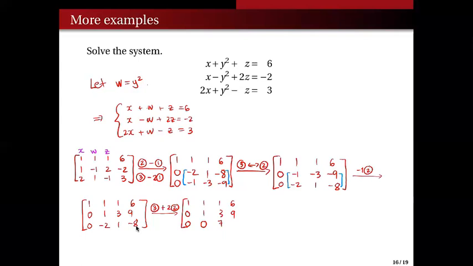And then negative 8 plus 2 times 9. 2 times 9, that's 18. Negative 8 plus 18, that's positive 10. Okay?